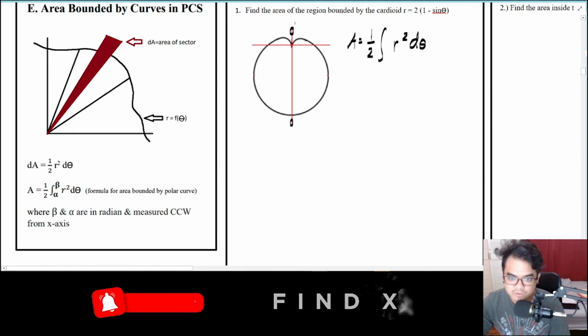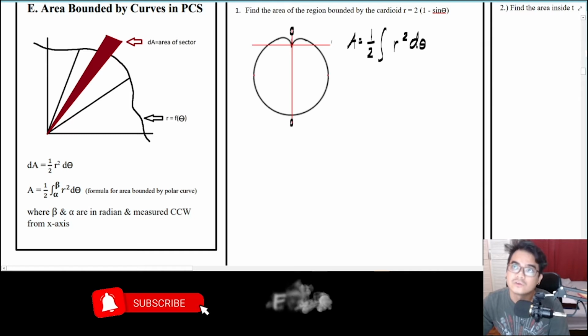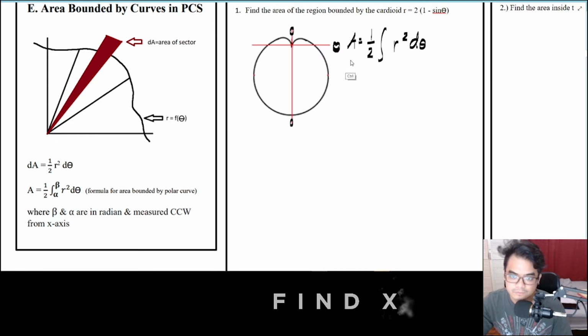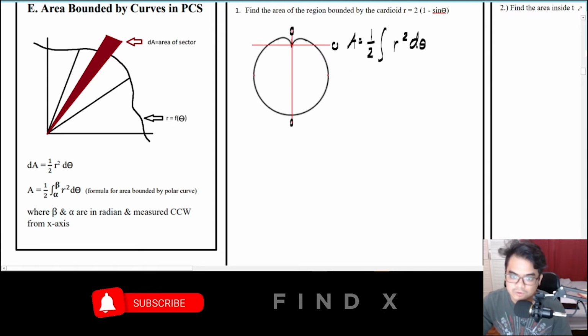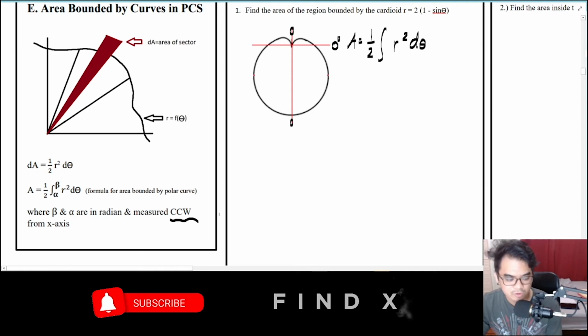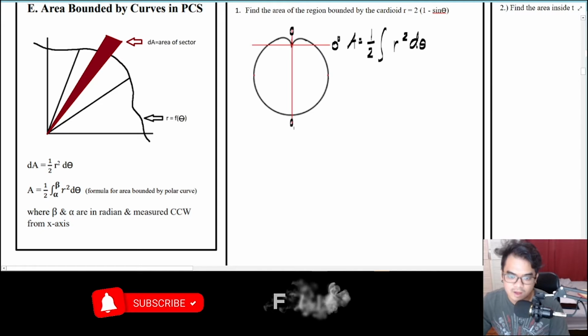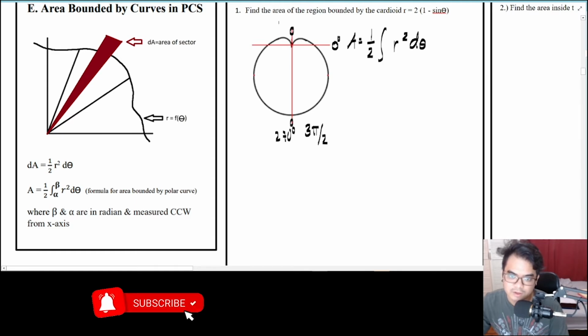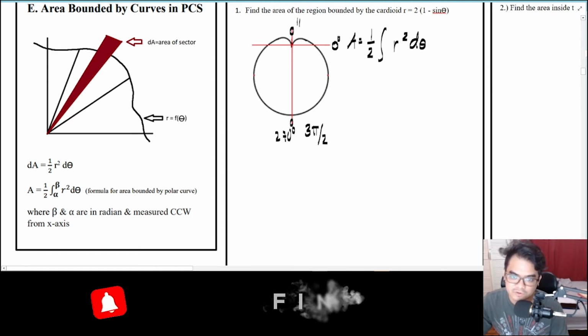What is this angle? Of course, this will be your 0 angle, the 0 degree, and then you have to measure the angle counterclockwise. So this angle is 270 degrees, which is 3 pi over 2, and for this one, this will be 90 degrees, therefore this is pi over 2.